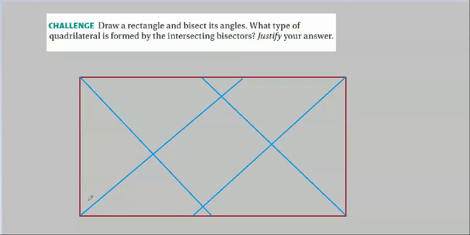But this is a 90-degree angle right here. We know that because it's a rectangle. That means this is 45 degrees. And this is 45 degrees because this is a bisector. So it's 45 and this is 45. That means this is a right angle.